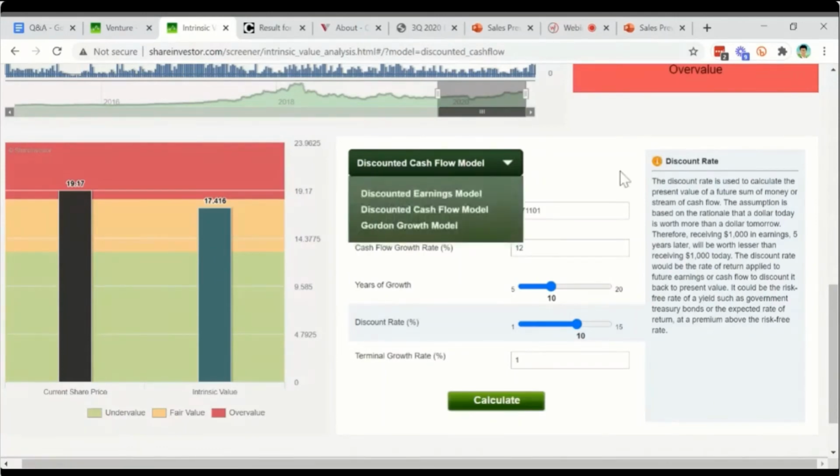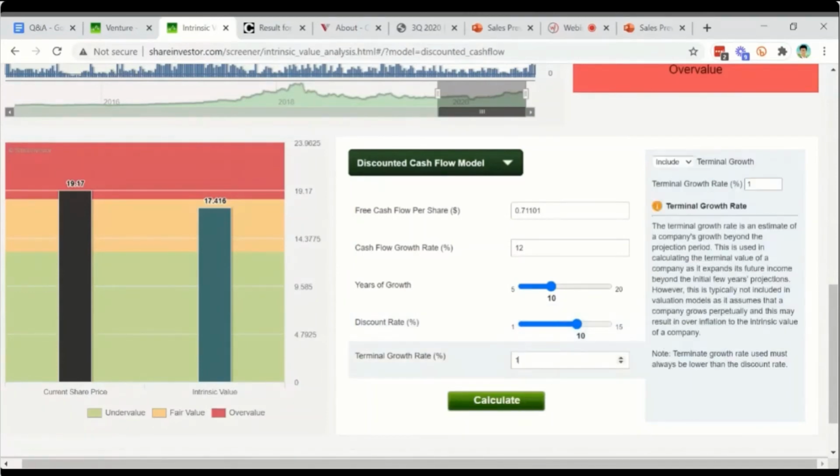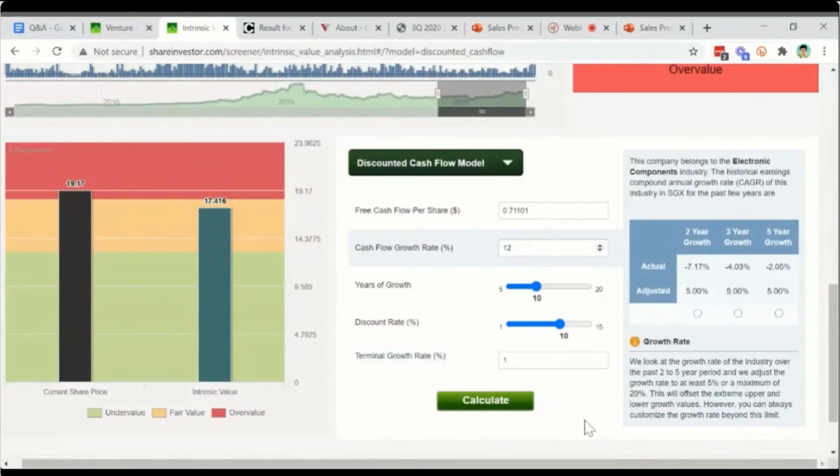Actually, in the module, I also share why Warren Buffett prefers this 10% discount rate as well. And last but not least, I have a terminal growth rate of 1%. And then when I calculate, Venture Corp gives me an intrinsic value of $17.42.